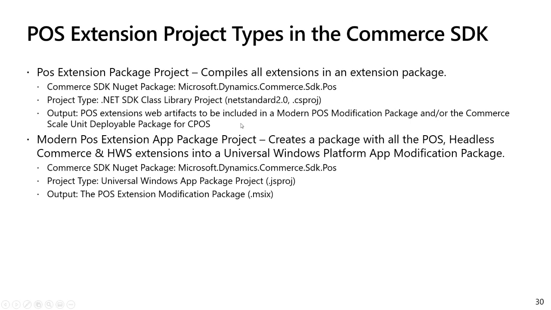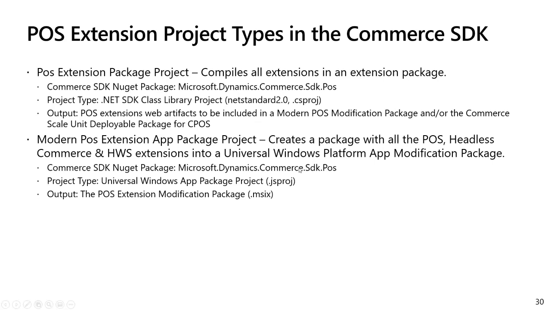The next project type is our modern POS modification package project. This is our JS project that's producing the UWP app package for MPOS in the sealed MPOS approach. This package will include all of the web content from the previous POS extension package project, as well as, optionally, any headless commerce engine extension assemblies or dedicated hardware station extension assemblies.